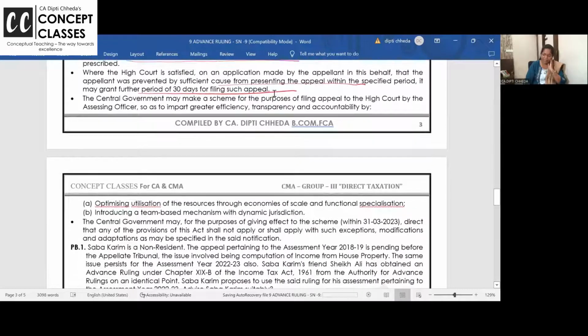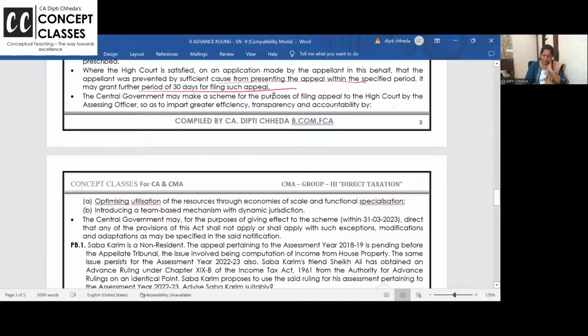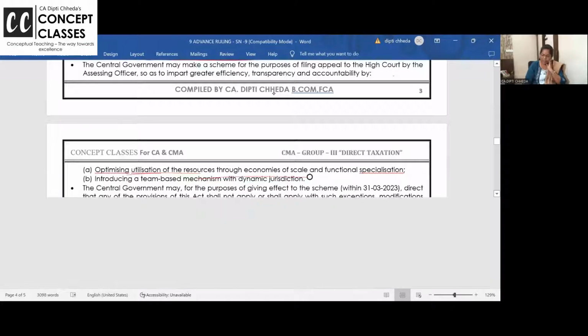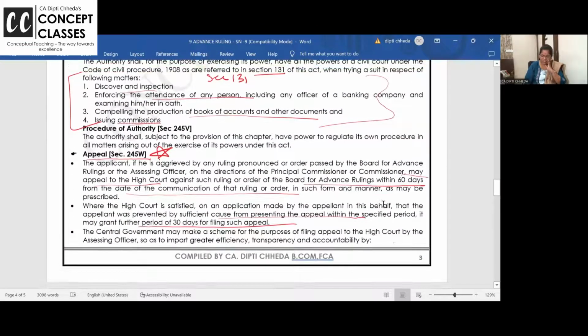The Central Government may make a scheme for the purpose of filing appeal to the High Court by the AO. This appeal can also be filed online for greater efficiency, and all this we study in routine. The Central Government may, for the purpose of giving effect to the scheme, direct that any of the provisions shall not apply or apply with exceptions, by 31st of March 23.